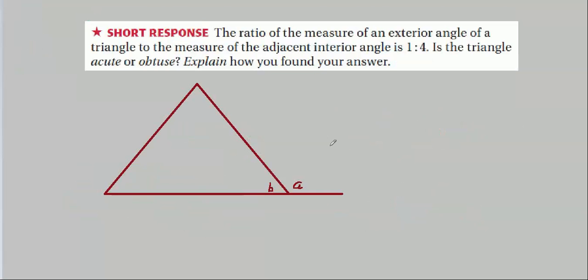Yeah, this one is going to be related to the first one we did. The ratio of the measure of the adjacent interior angle to the exterior angle is 1:4.